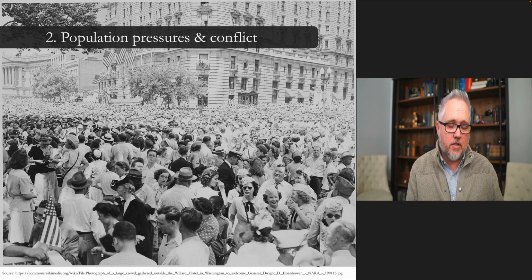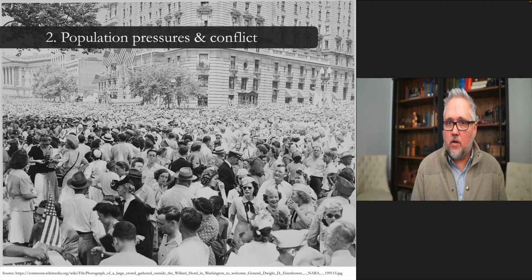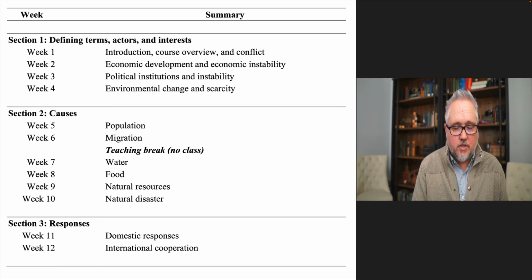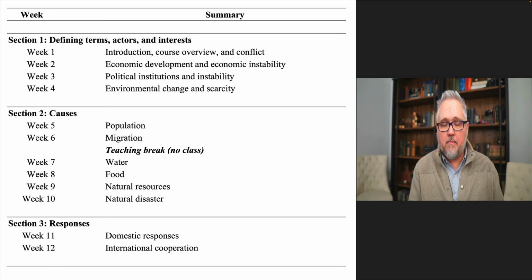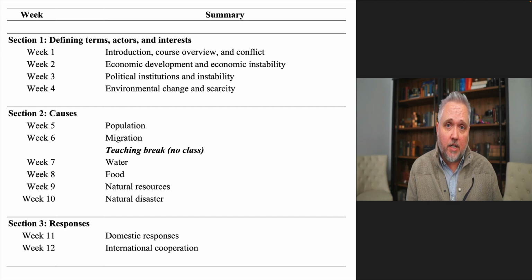In this section, I want to start by talking about population pressures and how they link to the causes of conflict that we've seen so far in this class, and to introduce them as a background for some of the topics we're going to be looking at in the remainder of this section of the class.